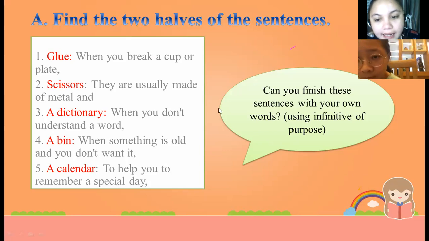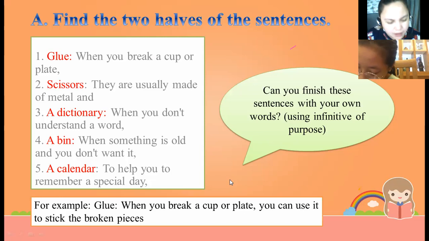Can you say calendar? Calendar. Very good. All right, so example, glue. When you break a cup or plate, you can use it to stick the broken pieces.